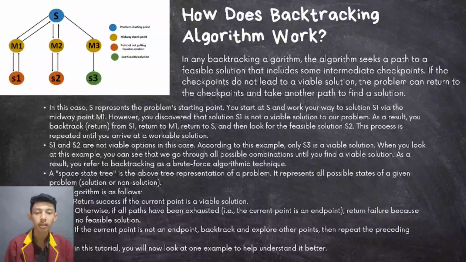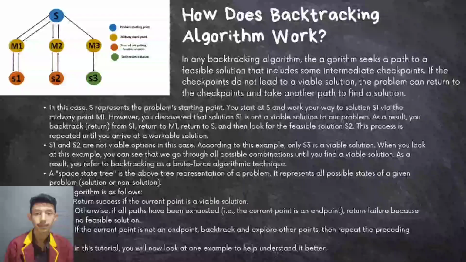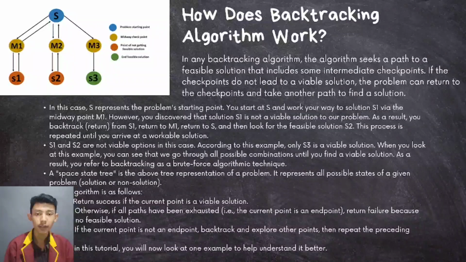The final algorithm is as follows. Step 1, return success if the current point is a viable solution. Step 2, otherwise, if all paths have been exhausted, return failure because there is no feasible solution.